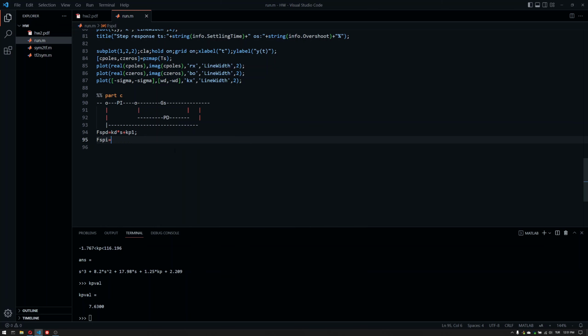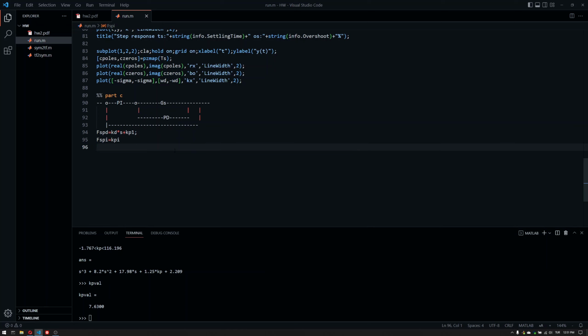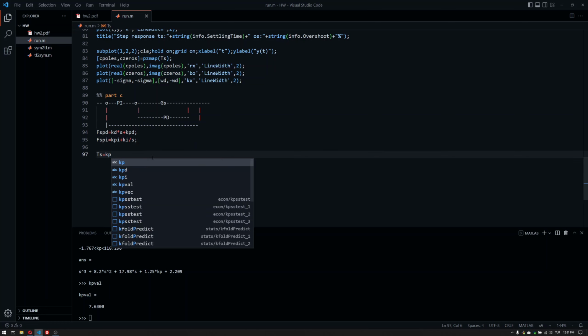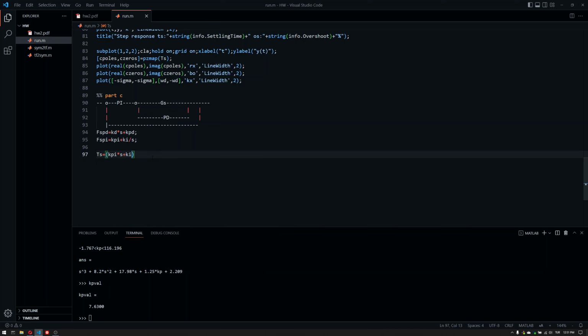You define your F_PI like, let's call it KPD, KPI plus KI divided by s, and then do the whole thing, calculate the whole closed loop transfer function, and then you will see that the whole closed loop will look like the following: KPI times s plus KI divided by whatever the characteristic polynomial is.